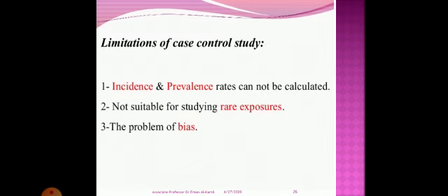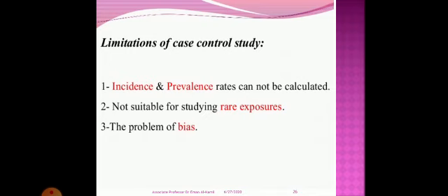While the limitations of the case control study: we cannot calculate the incidence and the prevalence rate from this study, because we are taking a sample. We are not taking a group of people and following them up to see how many individuals develop the disease.